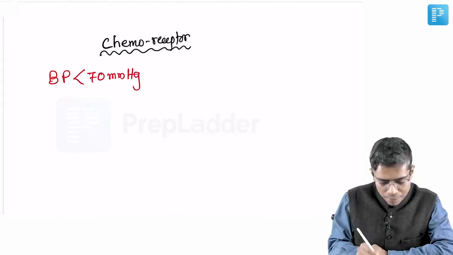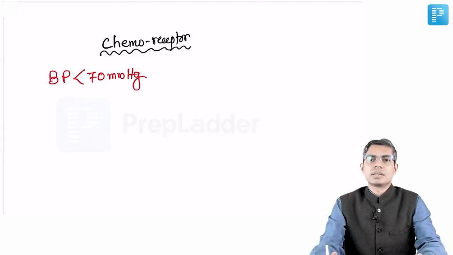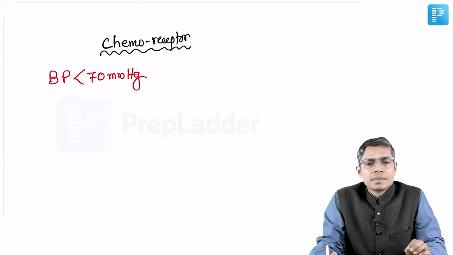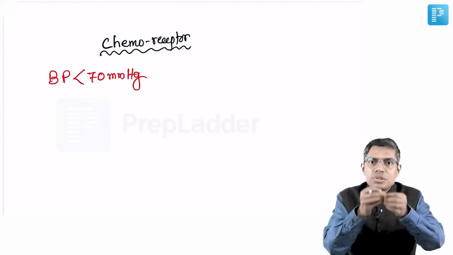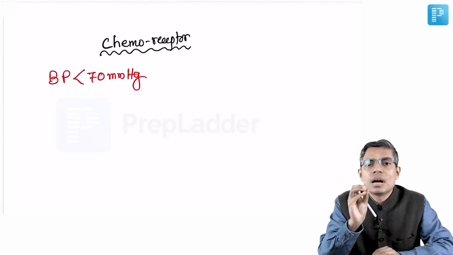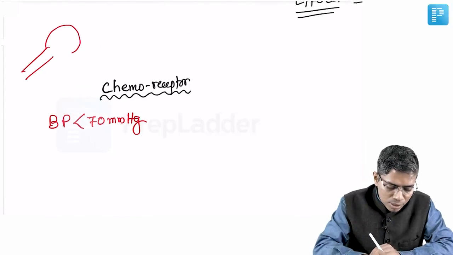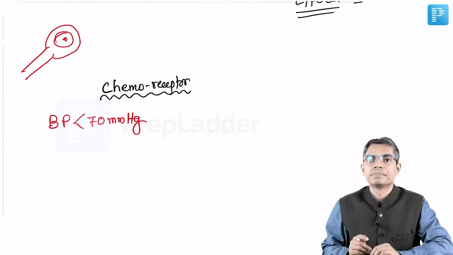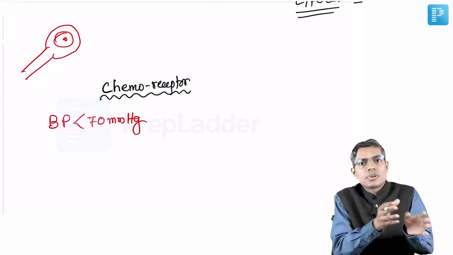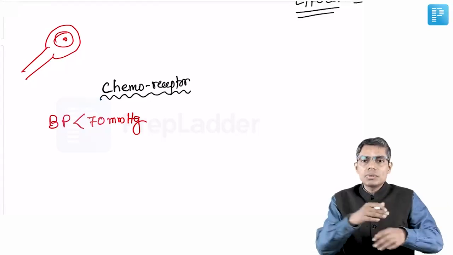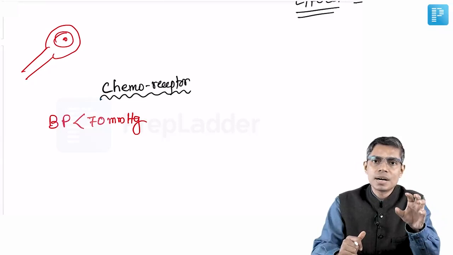Then what will happen to the perfusion at the level of the carotid body and aortic body? I told you the carotid body and aortic body contain the glomus cell, which can detect hypoxia, hypercapnia, acidosis. Now there is a fourth one, that is decreased blood pressure.